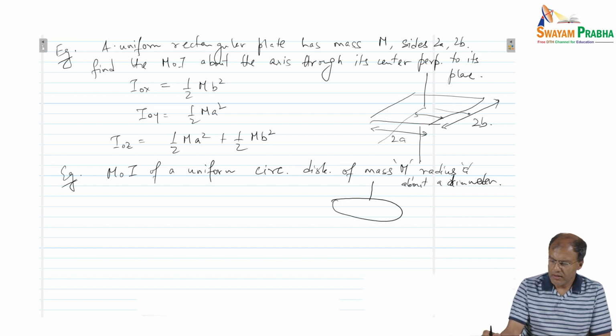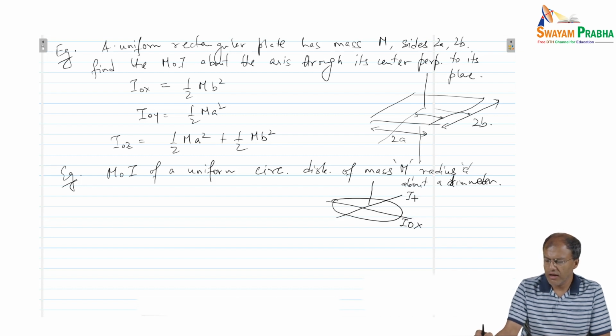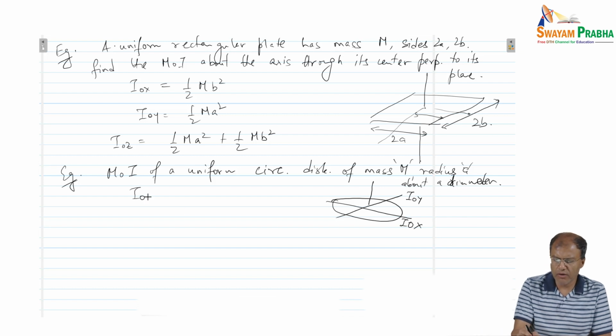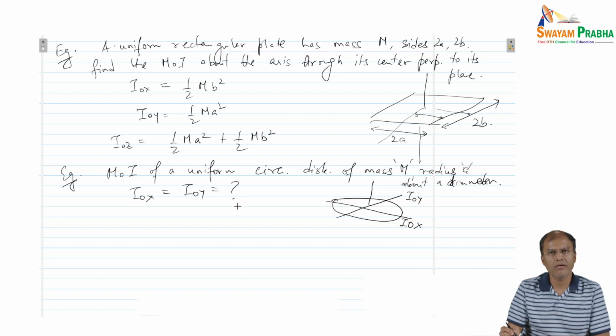So here is the disc, and we can take any diameter of the disc. Let's say the diameter is along the x-axis, so this is the moment of inertia about OX, and this is the moment of inertia about OY. We know that from the symmetry OX is equal to OY, so we need to find this.